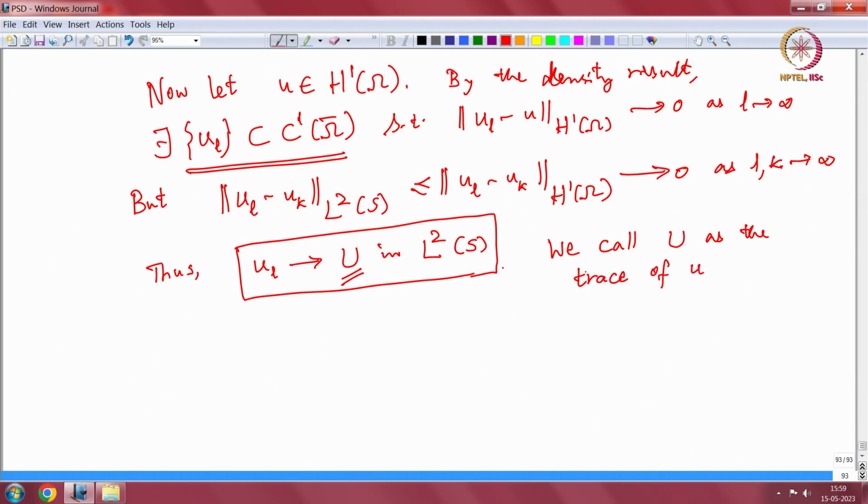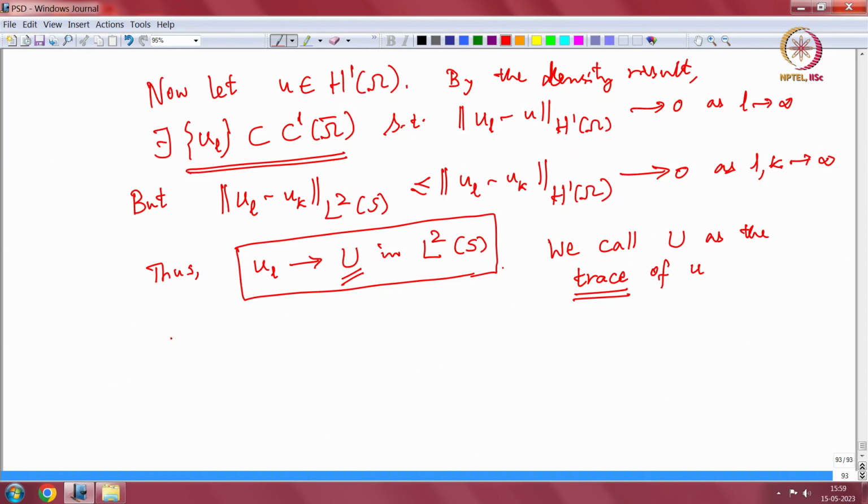Of course, to call this the trace requires one more argument. Here, what if I take another sequence which converges to u in the H1 norm?